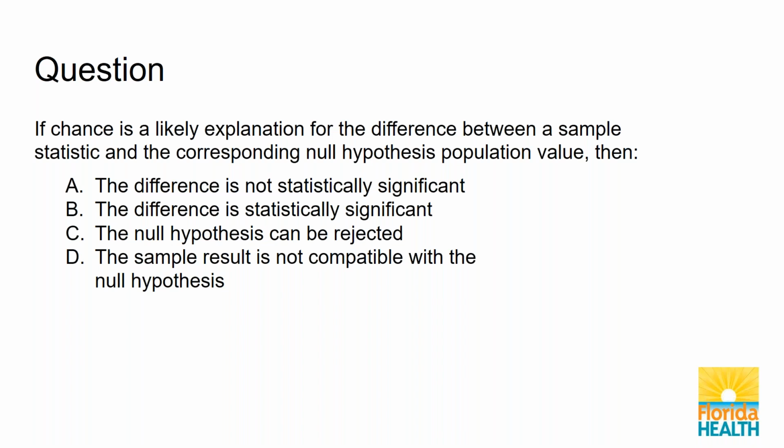If chance is a likely explanation for the difference between a sample statistic and the corresponding null hypothesis population value, then what is the correct answer? Now, I want you to think about when he was referring to the trick coin, right? That should help you get to the correct answer.